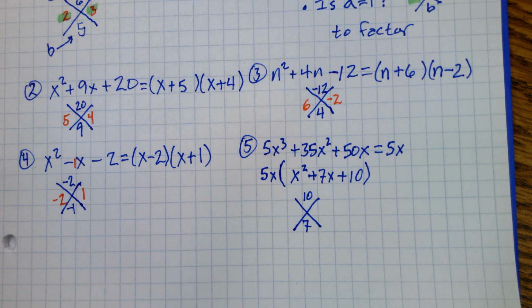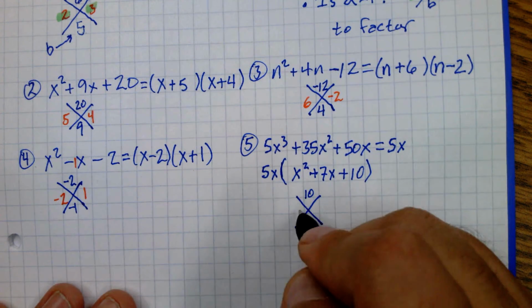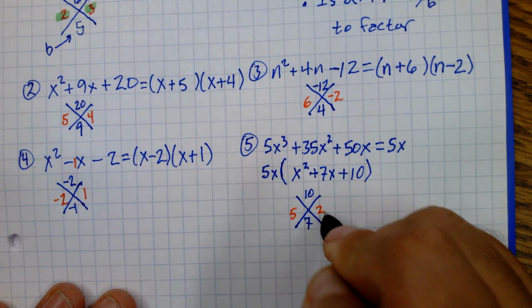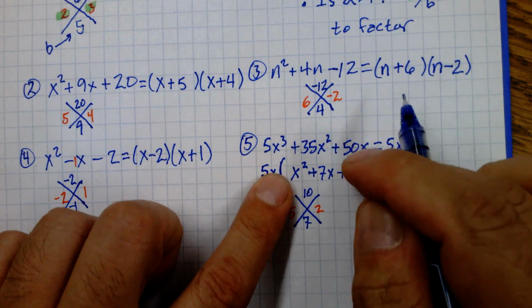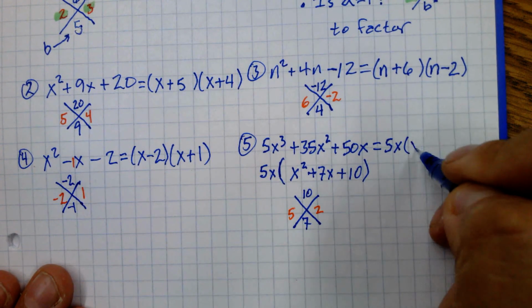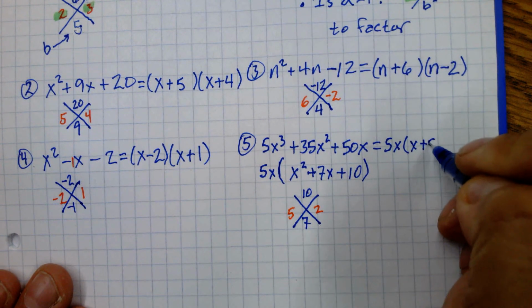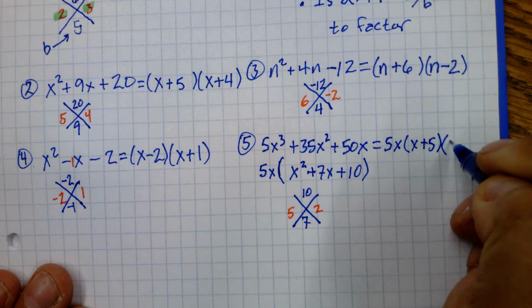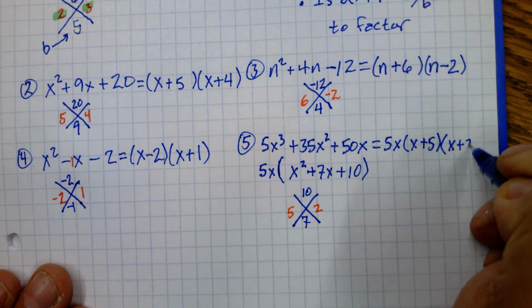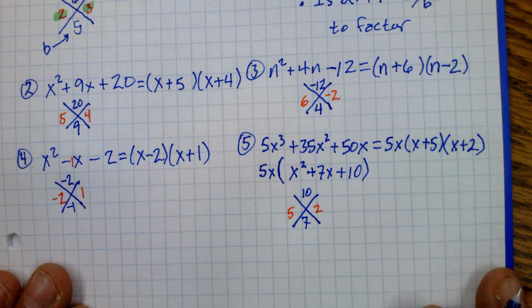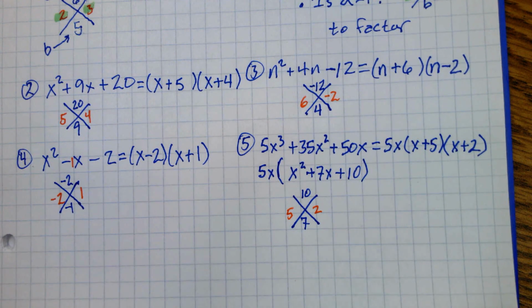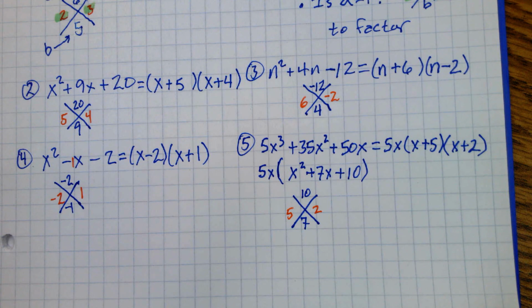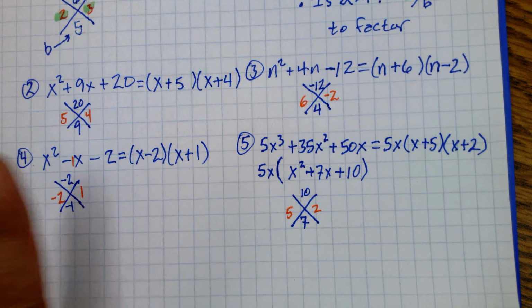And what could we use there? So that means this part breaks up into x plus 5 times x plus 2. Okay. And we just factored that. Any questions? All right. So today, mainly, we're going to be doing this, though.